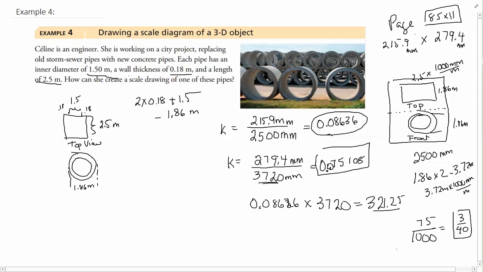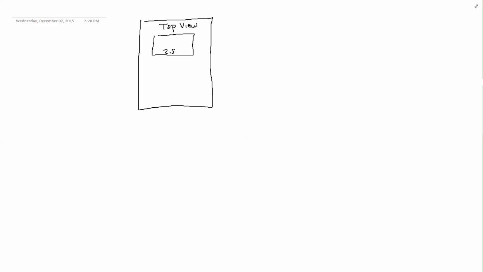So I'm just going to skip to a new page and we'll do our calculations. So imagine my page. I have my top view, or the top view and the side view are identical, and we want this to be 2.50 meters and 1.86 meters, like so.